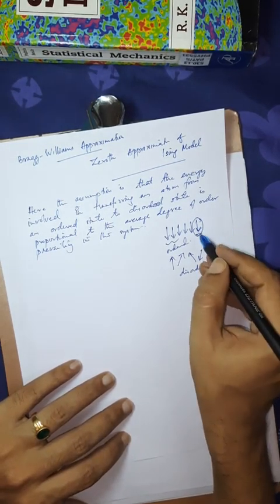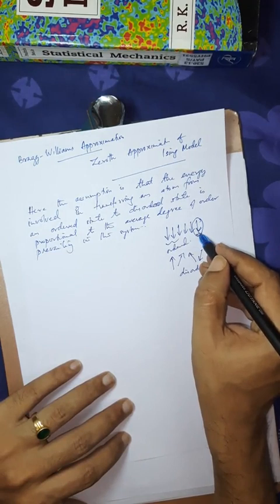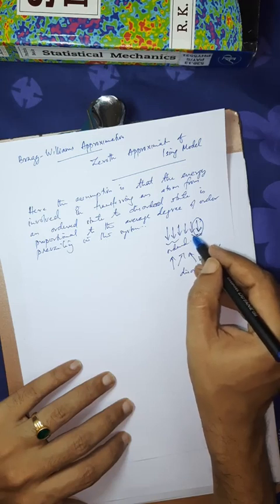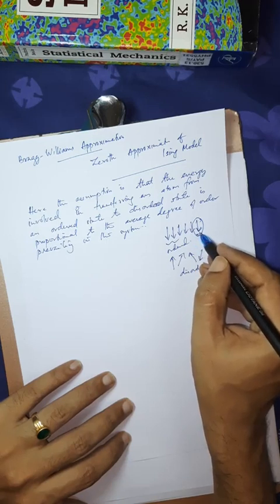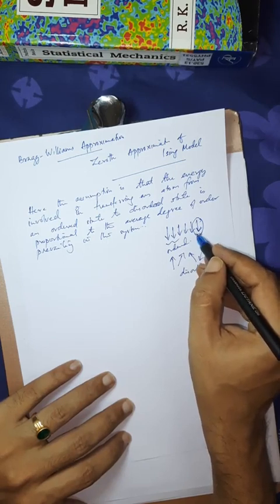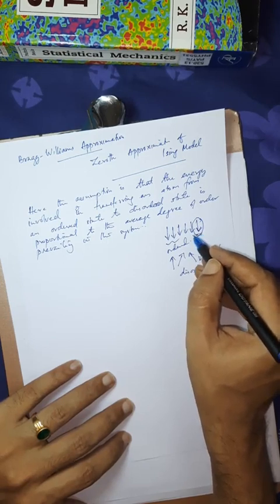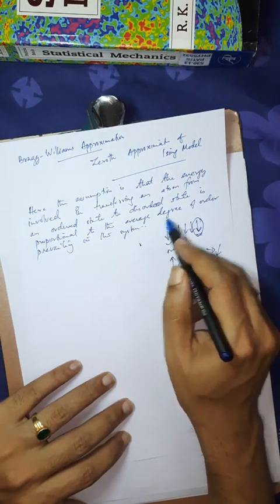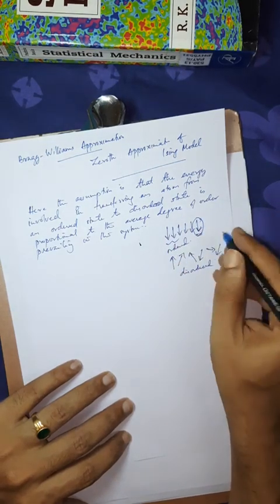For example, this atom has an immediate neighbor with the same spin direction as the atom we are considering. But it is not dependent only on this one; it is totally dependent on the average degree of order prevailing in the whole system of n atoms.